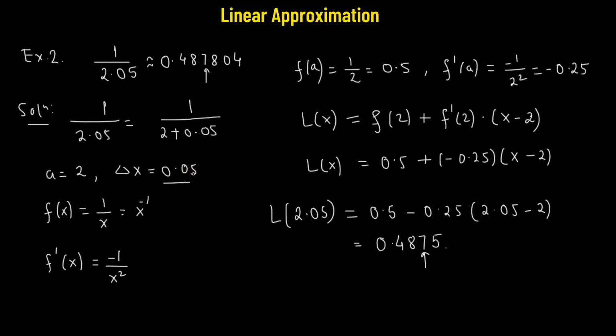Now let's tackle another problem, problem number 3. We have 8.07, and we want to find the cube root of this particular value using the method of linear approximation. So let us begin.